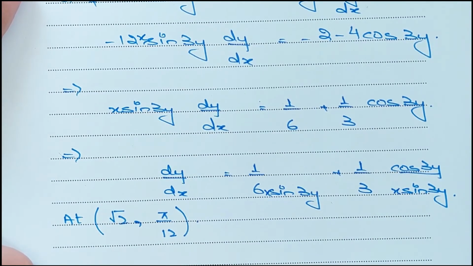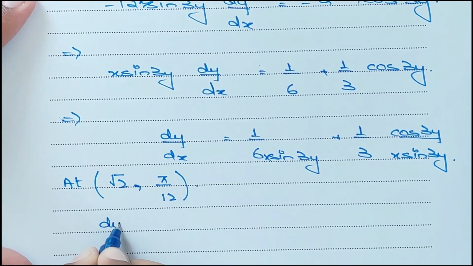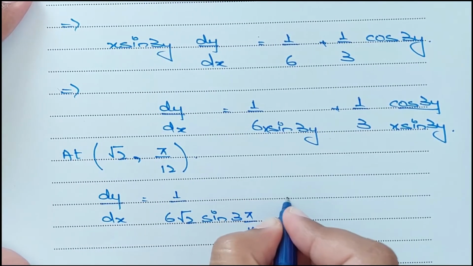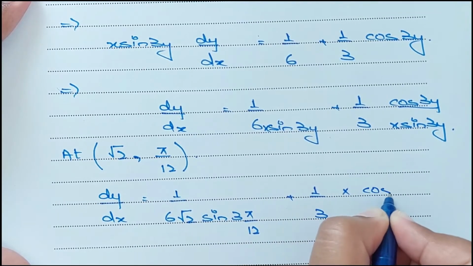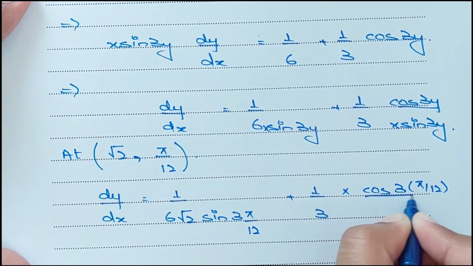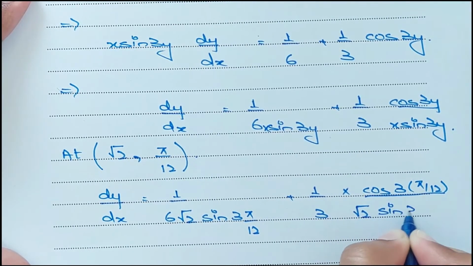Now substituting the points, we find dy over dx is 1 over 6 square root of 2 sine 3 pi over 12, right, plus 1 over 3 times cos 3 pi by 12, over square root of 2 sine 3 pi by 12.